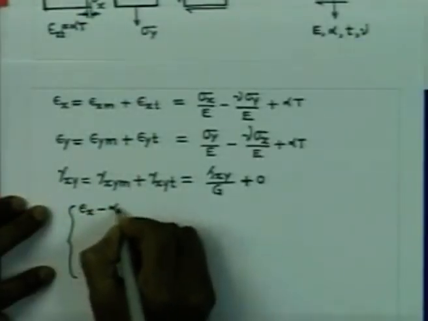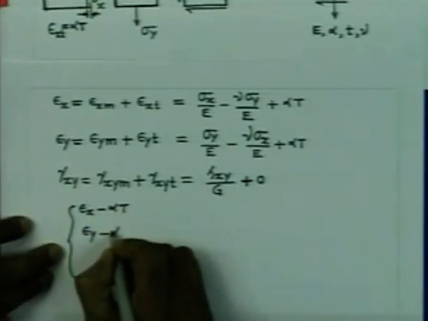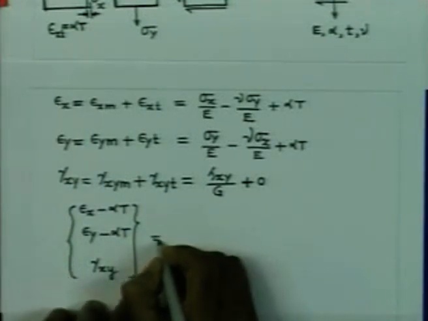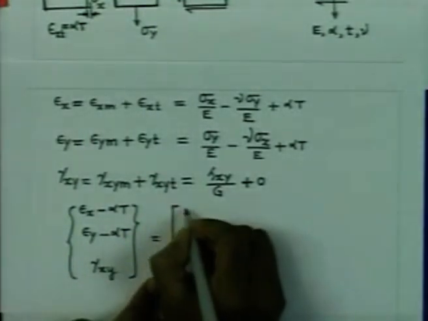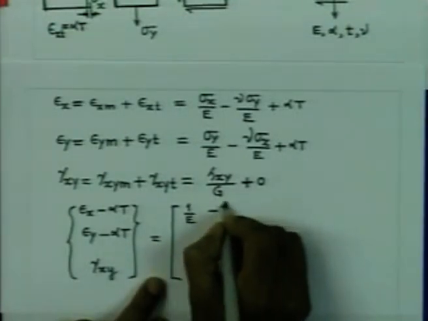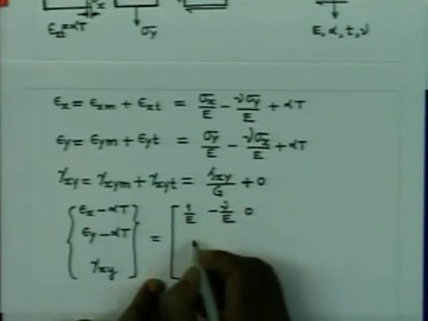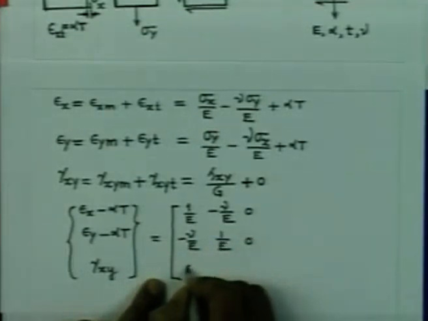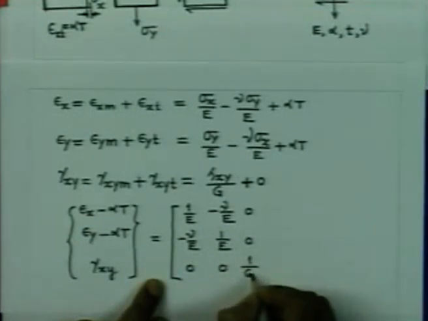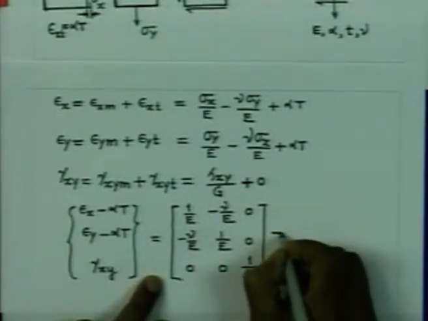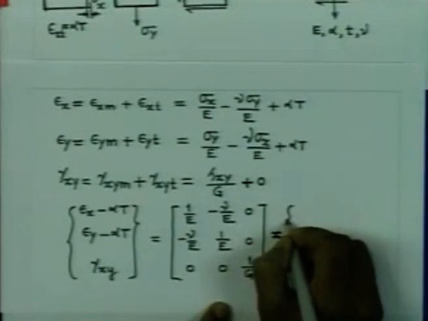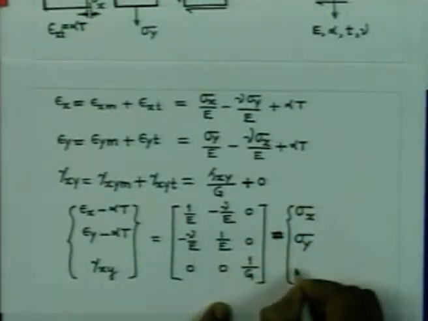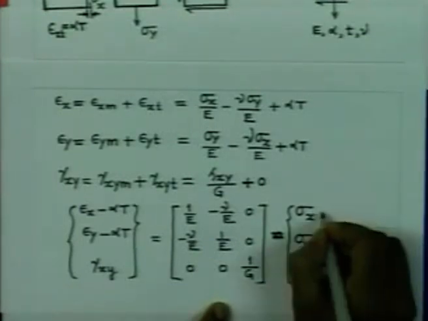epsilon x minus alpha T, epsilon y minus alpha T and gamma xy is equal to the matrix 1 by E, minus nu by E, 0; minus nu by E, 1 by E, 0; 0, 0, 1 by G. I am sorry, this multiplied by sigma x, sigma y, tau xy.